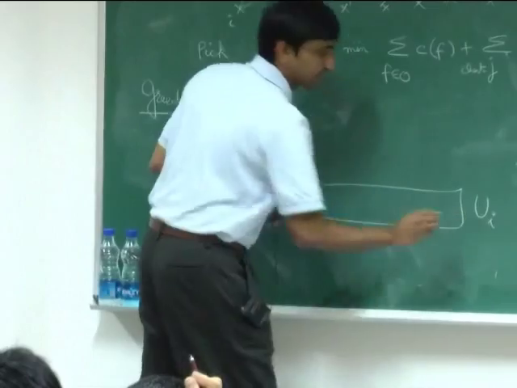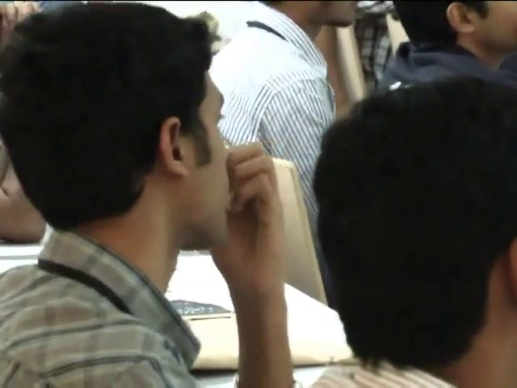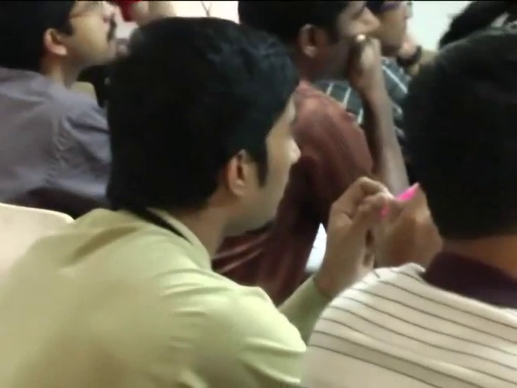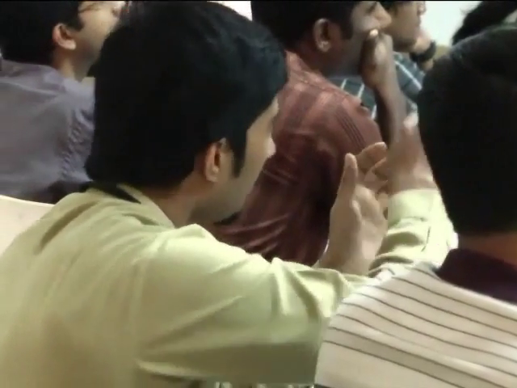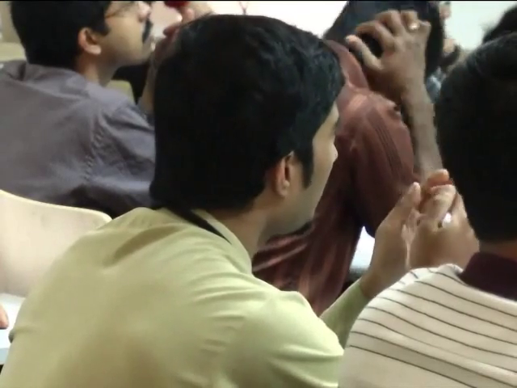So now for a particular client in the set UI, what I want to look at is say it has distances D1 and D2 from facilities F1 and F2, the ones before.